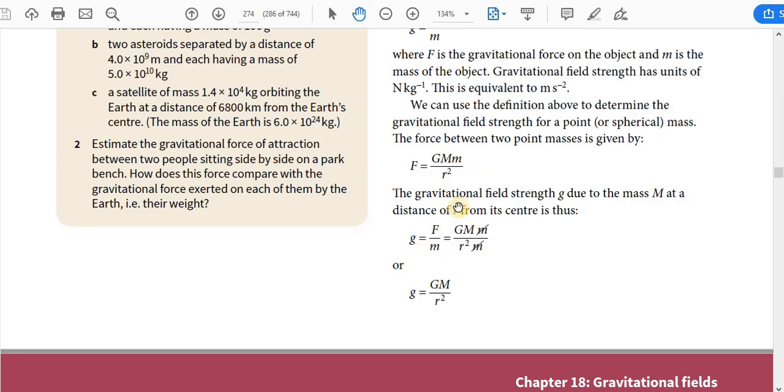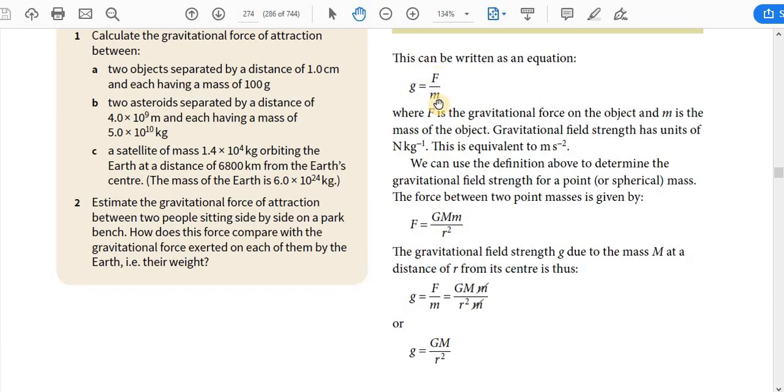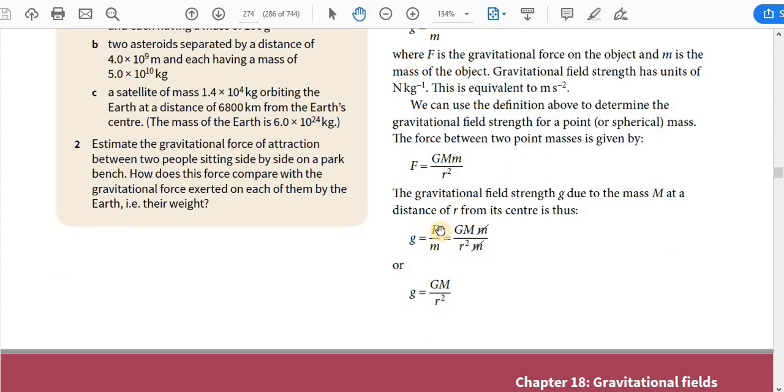Now if it is in the gravitational field of the earth, then what you will have is, you know, this equation, g is equal to F over m, where m is the mass of the stone, F is the weight of the stone or the gravitational force on the stone due to the earth, and this is given by g, the gravitational field strength. So this is equal to GM over r squared.